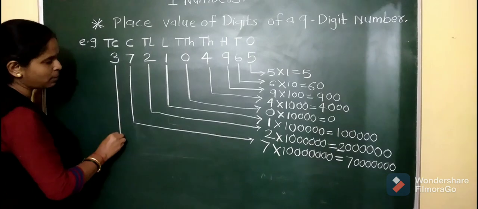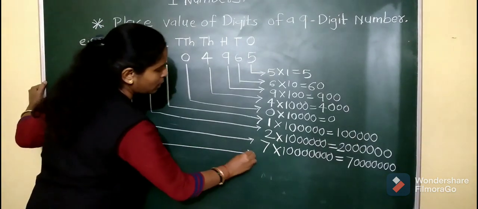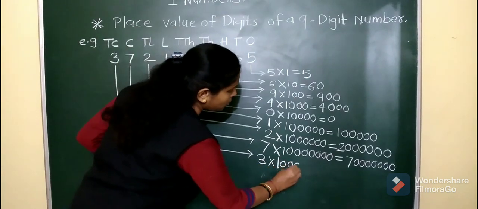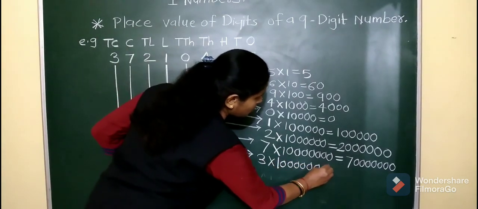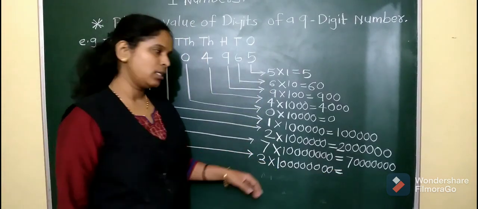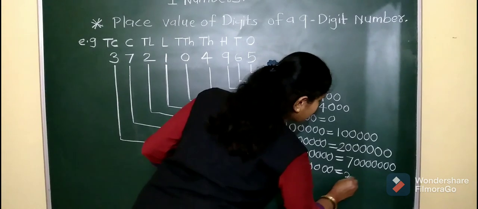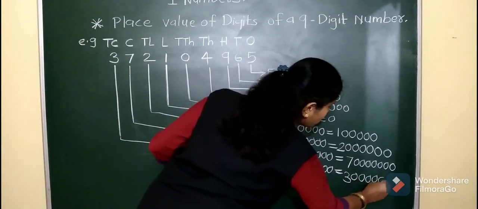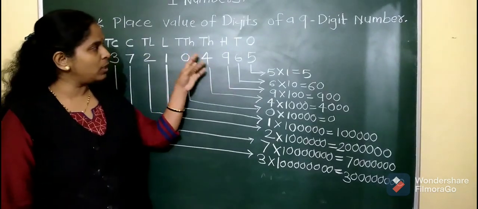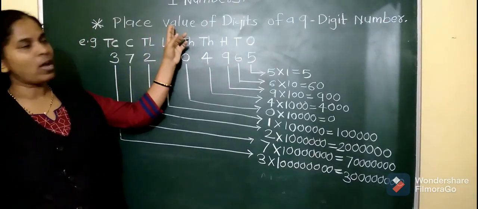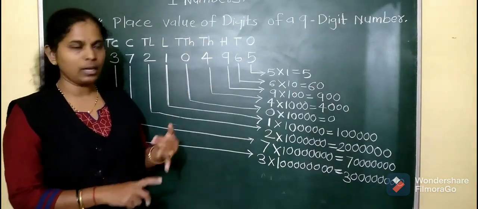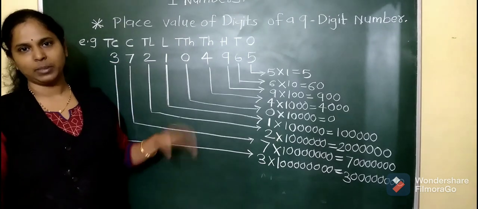So we will have to multiply this 3 by 10 crores. So 3 into 10 crores is 30 crores. In this way, we learn how to find out the place value of digits of a 7-digit number, 8-digit number and 9-digit number.